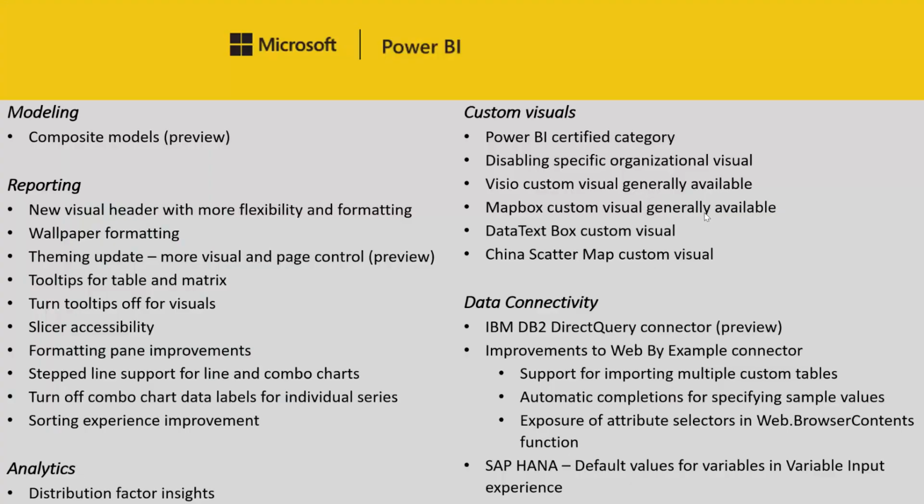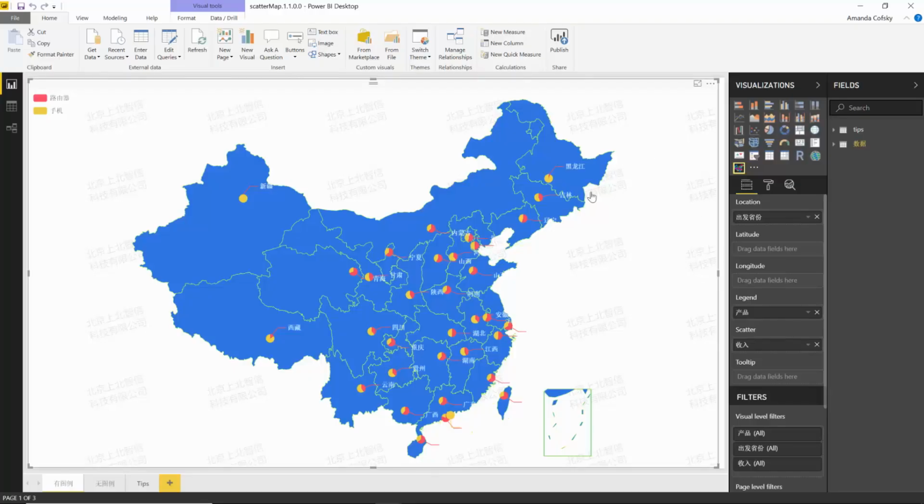And the last custom visual this month is a China scatter map. You may have seen in the past couple of months there have been various versions of a China supported map custom visual, and this one is the latest iteration of that. You can see here they have a China map that shows the different regions of China, and you can hover over it and get a tooltip and hover effect.